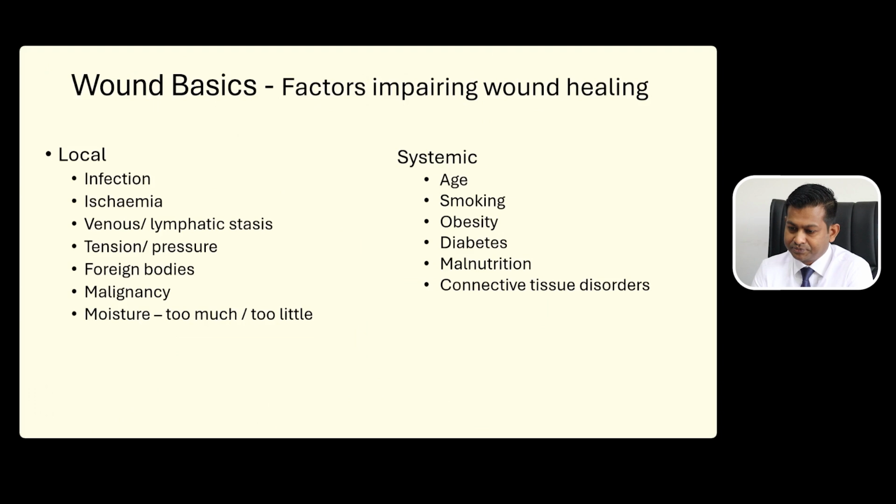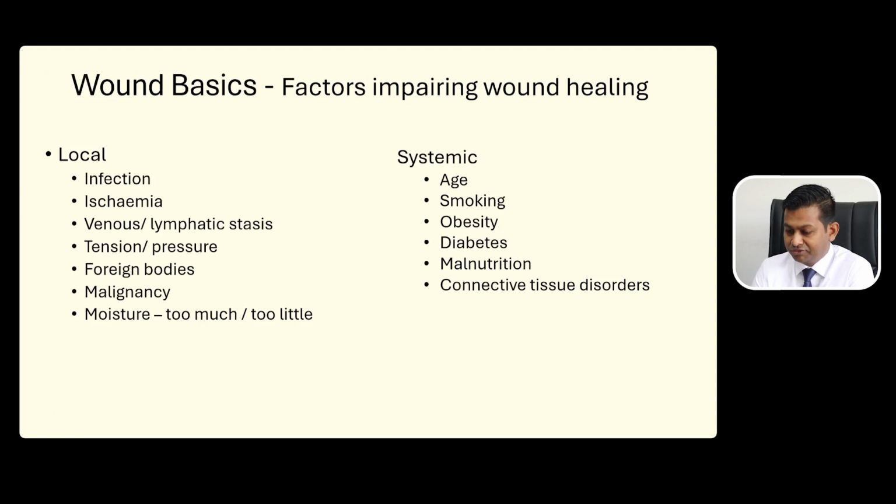Moving on to what impairs healing in the systemic component, or in the patient as a whole: age. In the elderly, healing tends to become more protracted. And smokers, many things go on and the healing is impaired. Obesity, same thing happens.